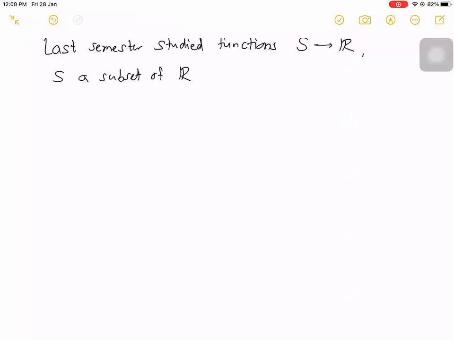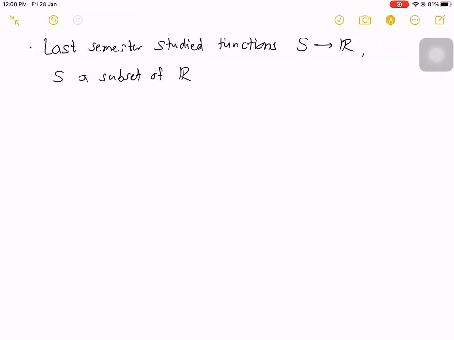For example, if S is the set of natural numbers, then such a function is otherwise known as what? A sequence, right? And then you studied what it means for a sequence to be convergent. Then you studied what it means for a function to have a limit point, for a function to be continuous. So we will revisit these notions today, and then several other things.